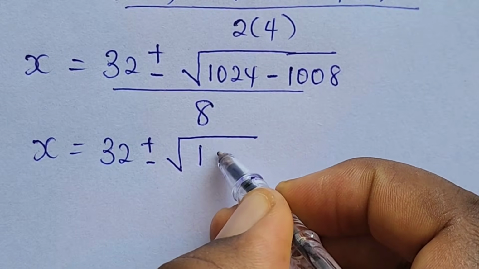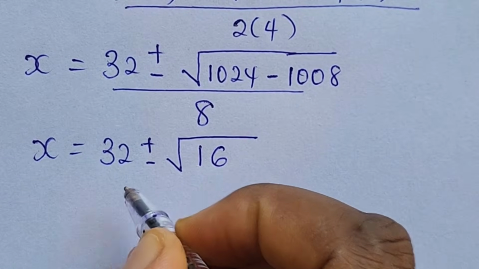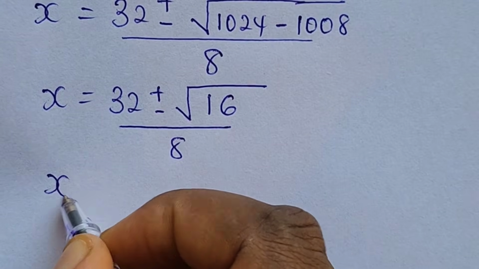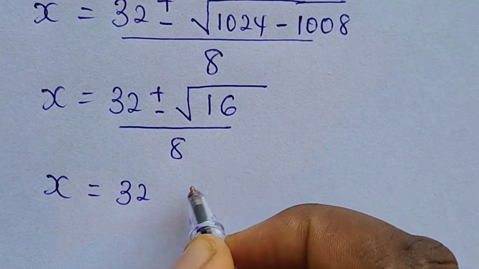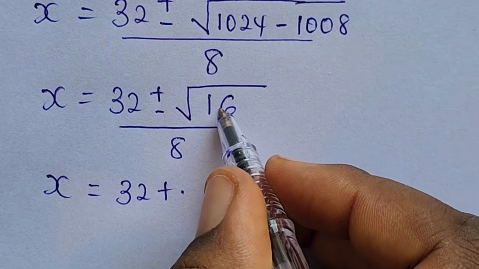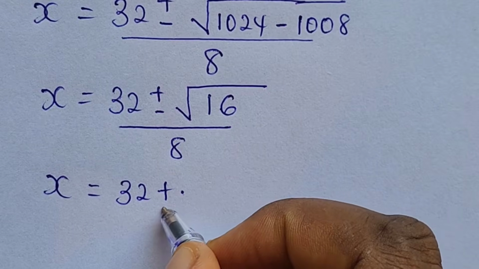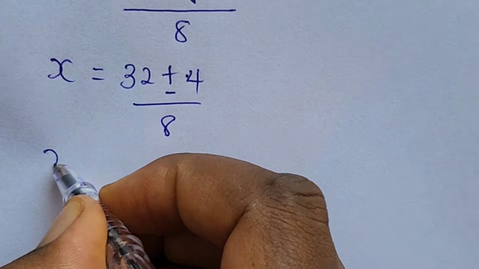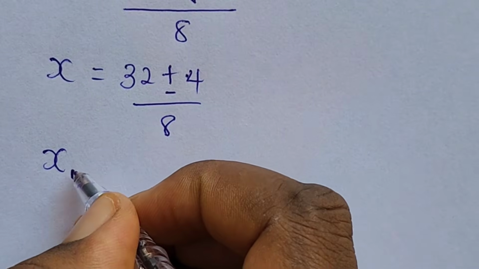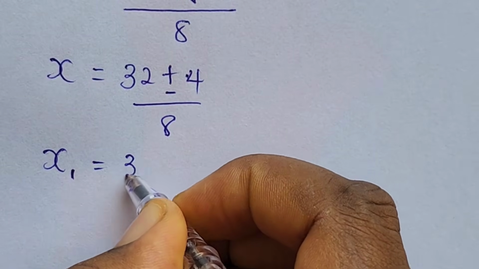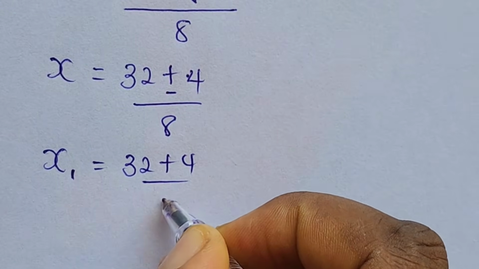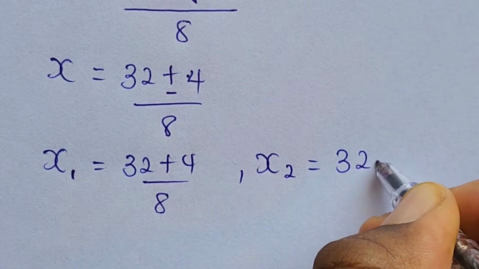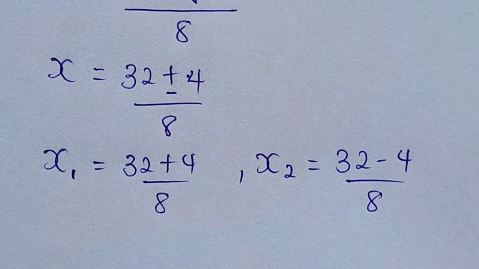So we have x to be equal to 32 plus or minus. Subtracting this, we have 16 all over 8. So this simply means that our x is equal to 32 plus or minus the square root of 16, which is 4, all over 8. So our x1 is equal to 32 plus 4 over 8, and x2 is equal to 32 minus 4 over 8.